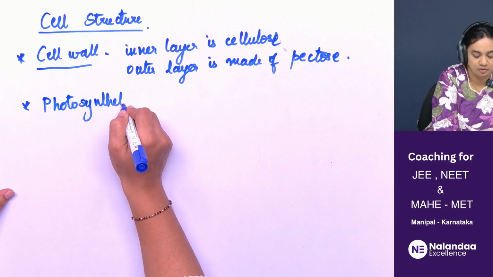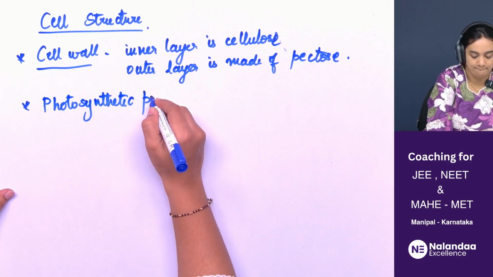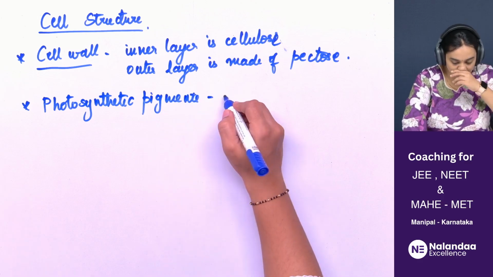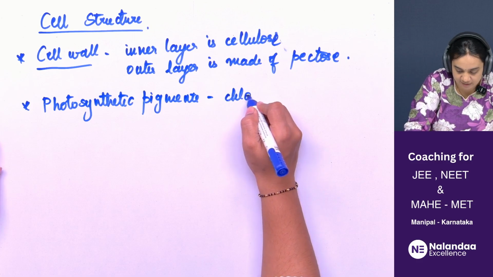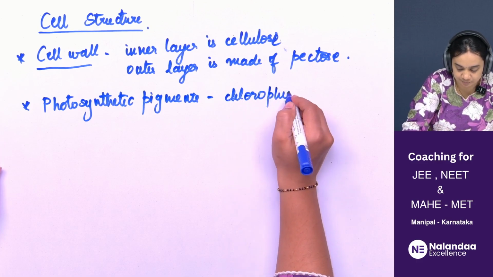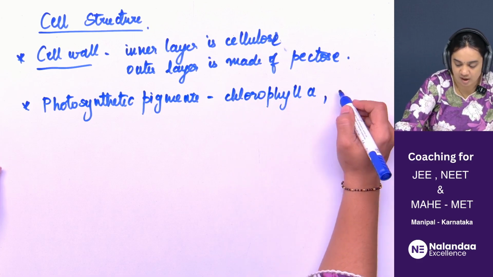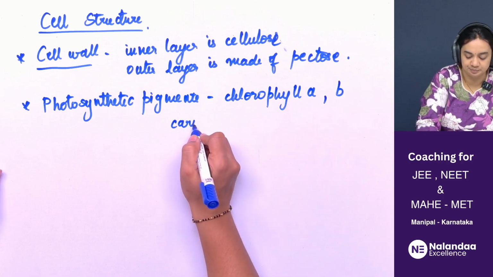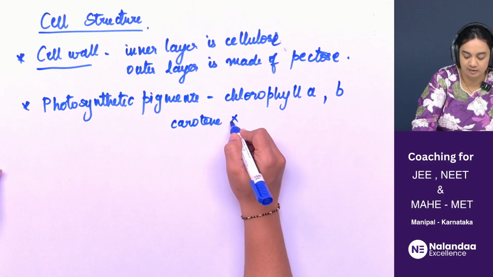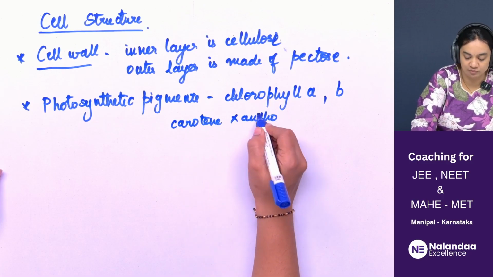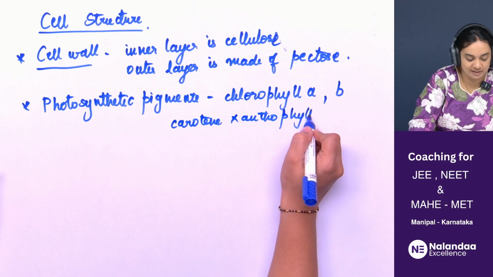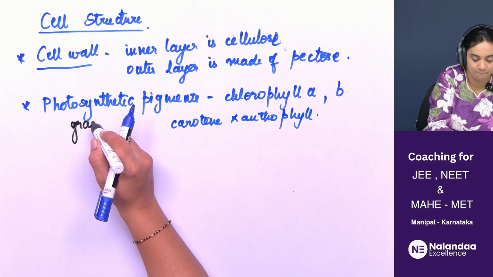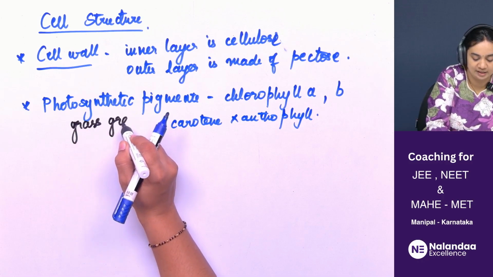Next, talking about photosynthetic pigments. Over here, the photosynthetic pigments are chlorophyll A and chlorophyll B, carotene and xanthophyll, which provide this algae a characteristic grass green color.